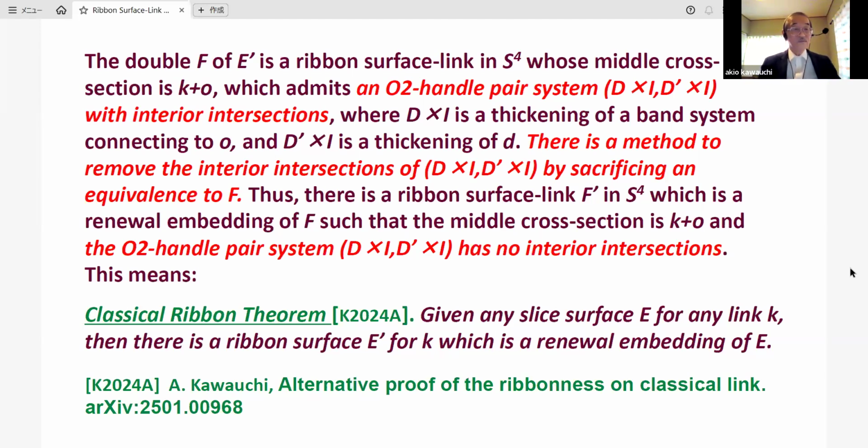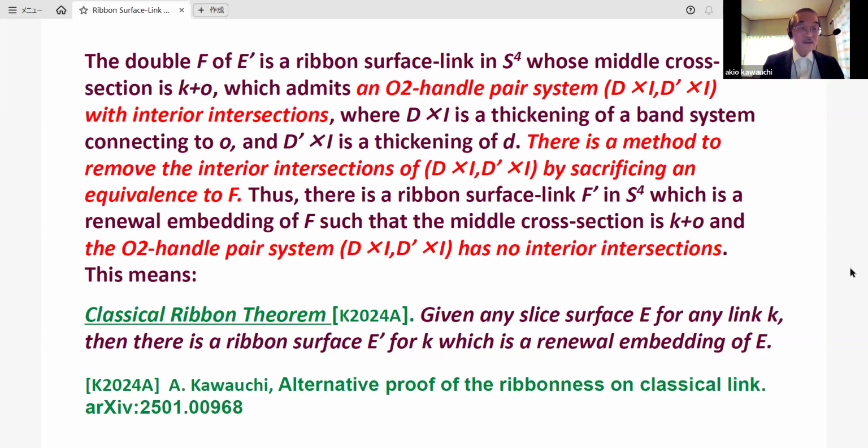There is a method to remove the interior intersection of D × I, D' × I by sacrificing an equivalence to F. Thus, there is a ribbon surface link F' in S4, which is a linear embedding of F, such that the middle cross section is a split sum of K and O. And the O2 handle pair system has no interior intersection.